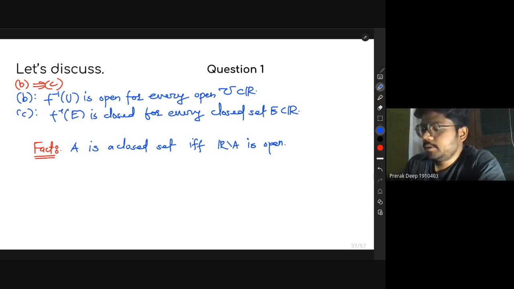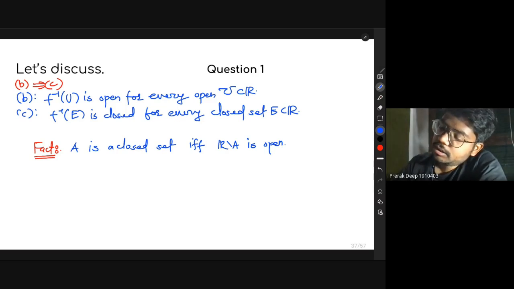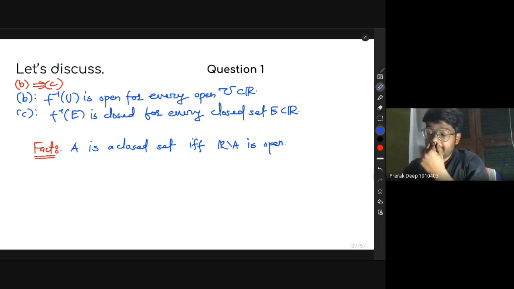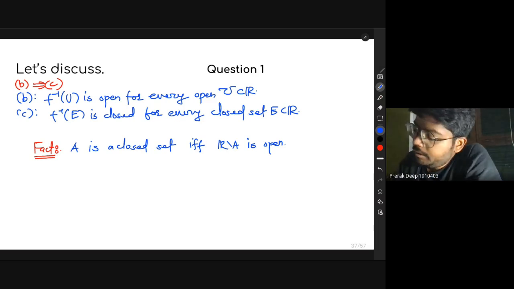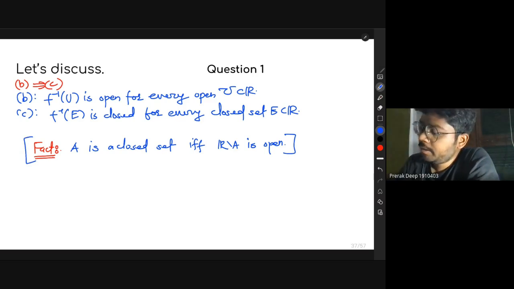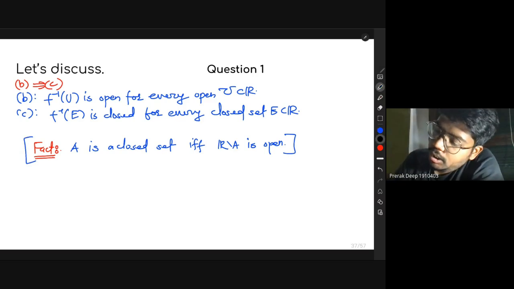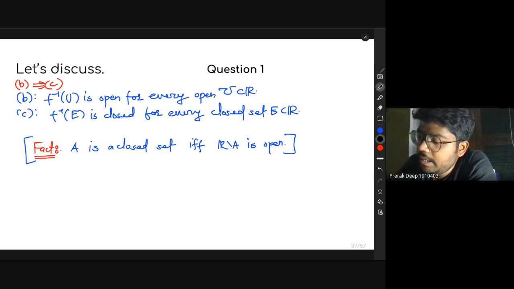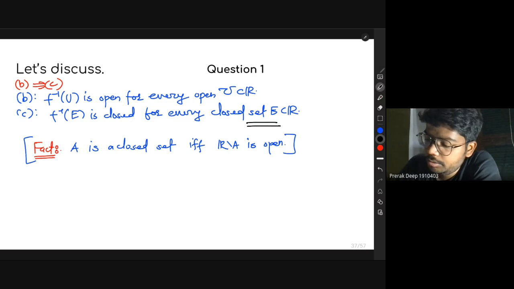Okay, so we say a subset is closed if its complement is open. We will use this fact in this proof. So how will we use that? Since we are proving B implies C, we need to start with a closed set E, and we need to prove that f inverse of E is closed.